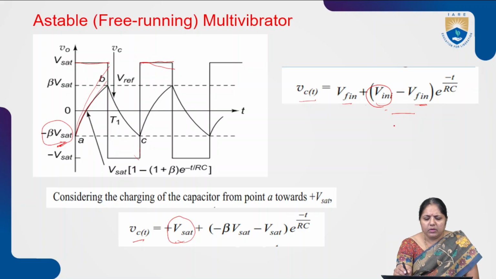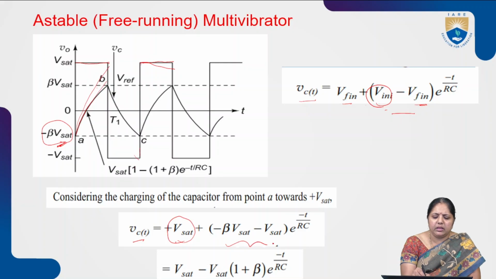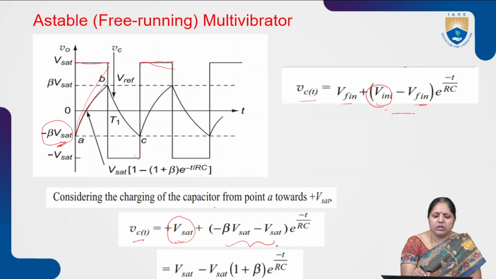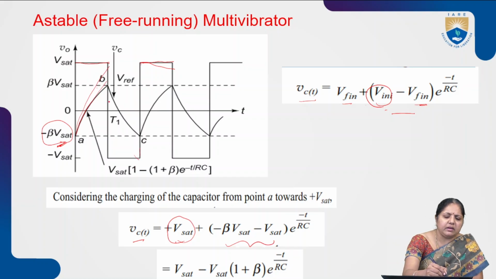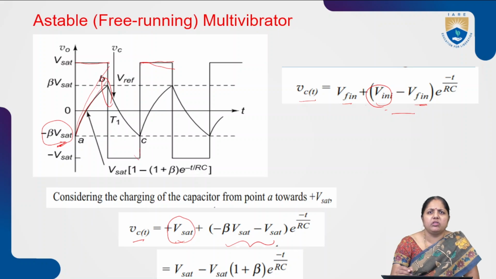Now similarly, if I take Vsat as common in this equation, then I will get the equation as Vsat minus Vsat into 1 plus beta into e power minus t by RC. This is the equation I am getting here. Now if you observe, at a time t1, what is the voltage charged across the capacitor?